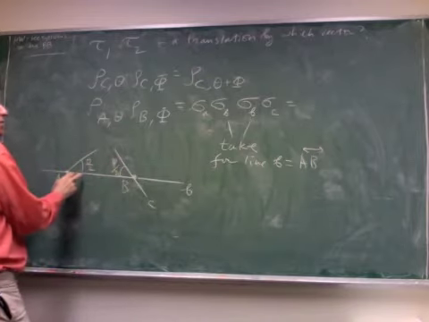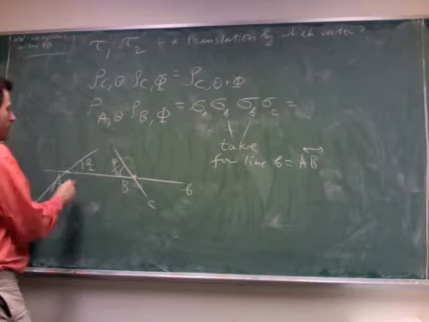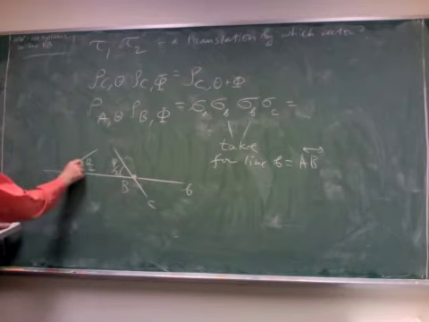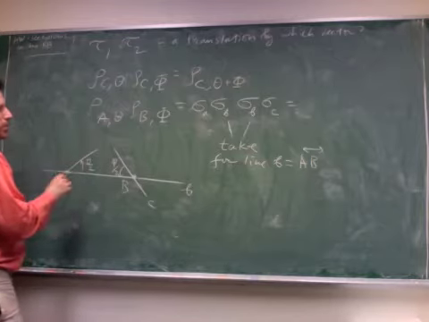And this direction was from B to A. So if this is line A, then we have theta over 2 as a directed angle in the positive direction.